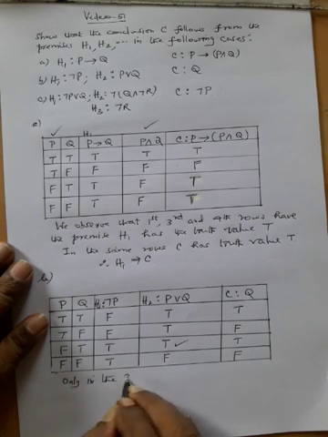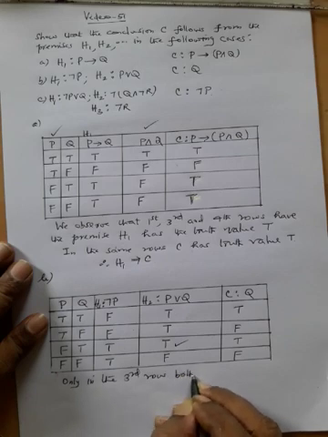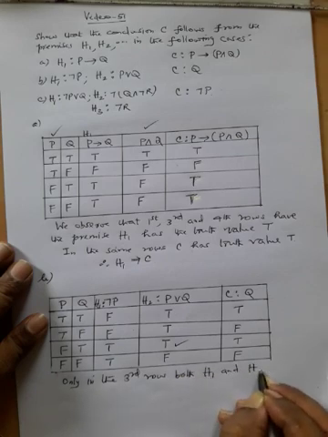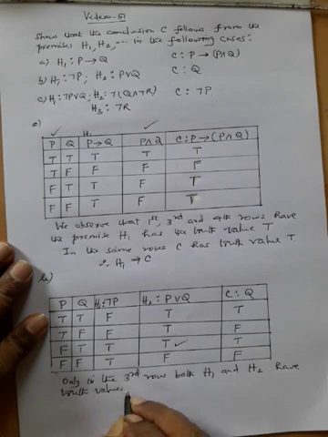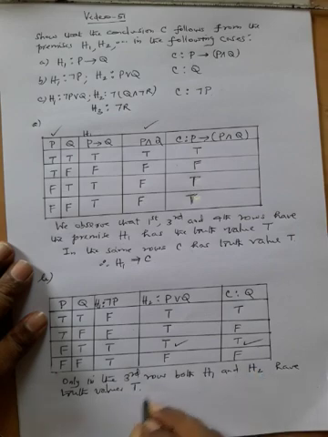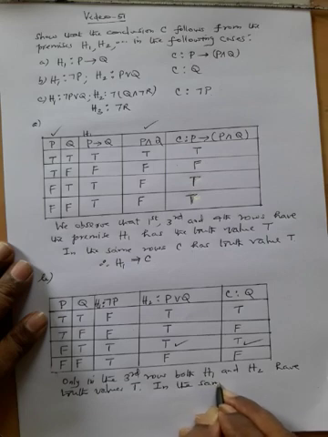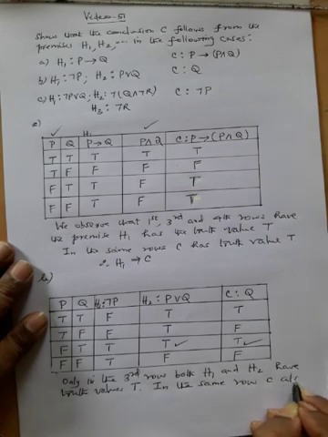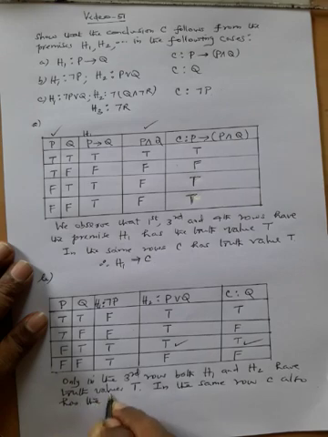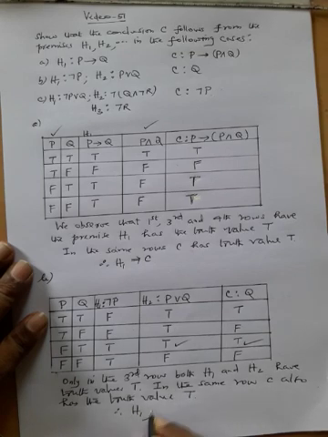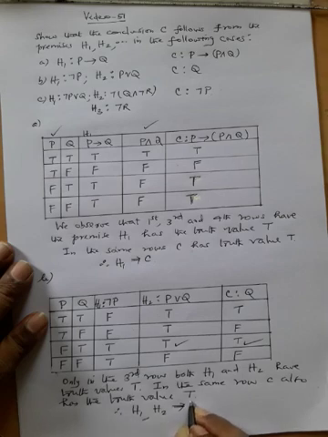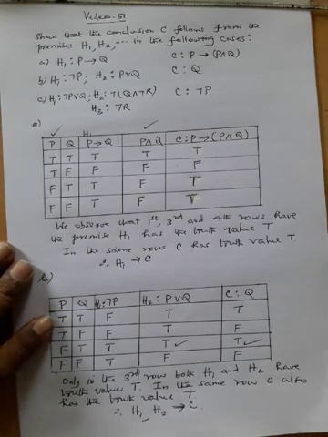In the same row, C also has the truth value T. Therefore, H1 and H2 imply the conclusion C. So this completes part B. Next we will go to part C.